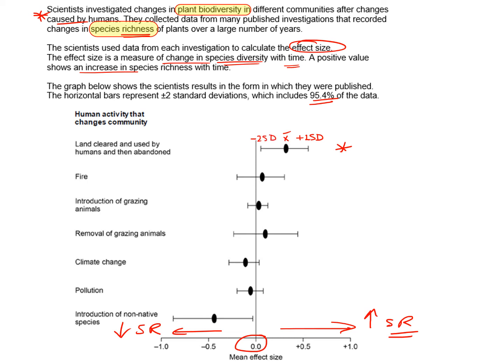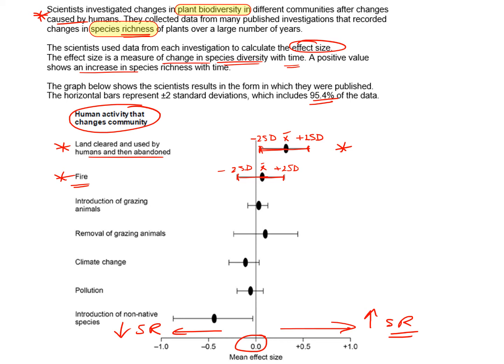And it's the same for the next human activity. So the first one was land cleared to be used by humans and then abandoned. The second was maybe a fire. So the next mean value, the effect size, will be for fire. And again, we've got 2 SDs below and 2 standard deviations above the mean, which are these bars here, hopefully you can see.